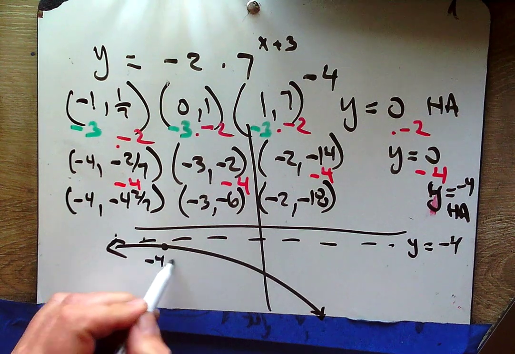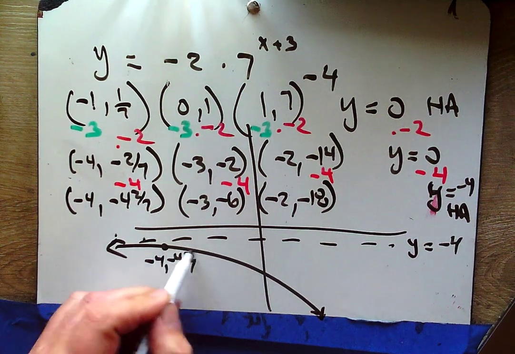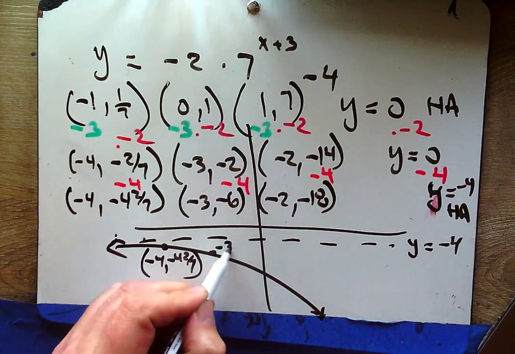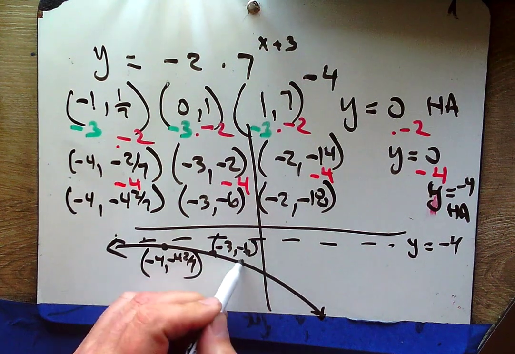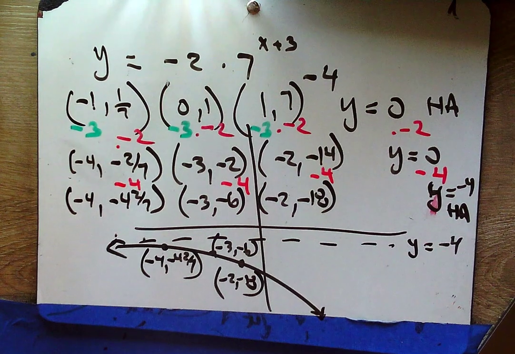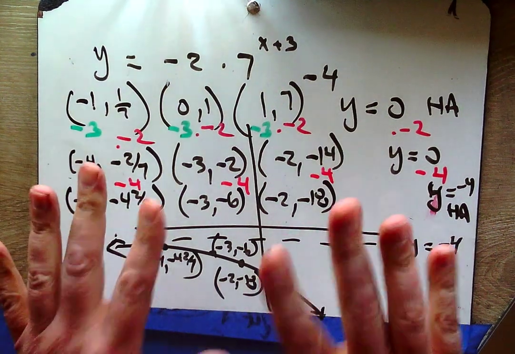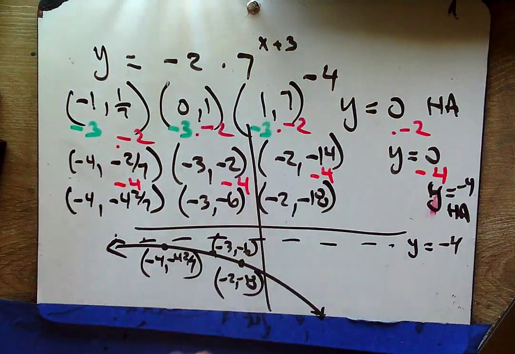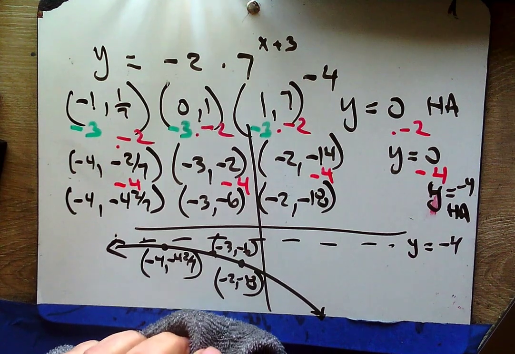There's -4, -4 and 2 sevenths. There's -3, -6. And then I have -2, -18. Clearly not drawn to scale, but I get a quick understanding of what's happening here without having to fumble for a calculator. All right, so with that in mind, tell me, what do these pairs of functions have in common?